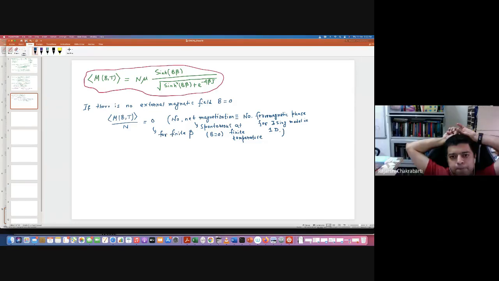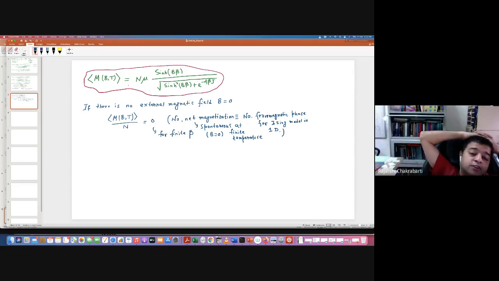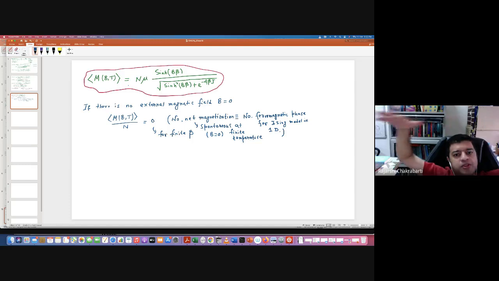No, the average will be N times mu. Mu is for each site. How many sites are there? N sites. So N times mu. If I ask you what it is per site, then that is mu. So all the spins are up or all the spins are down.